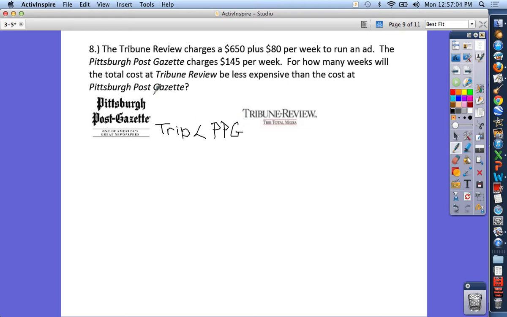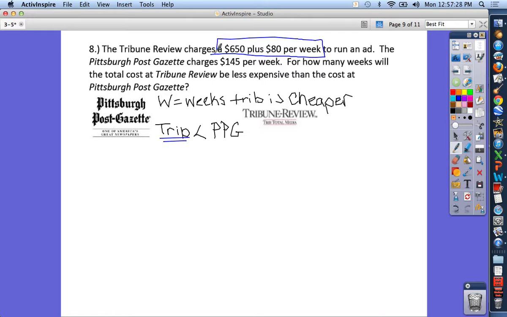Well, what's x, or in this case I'm going to call it W, that's the weeks that the Trib is cheaper. Well, what do we know about each? For the Tribune-Review, we know that it's $650 plus $80 per week.